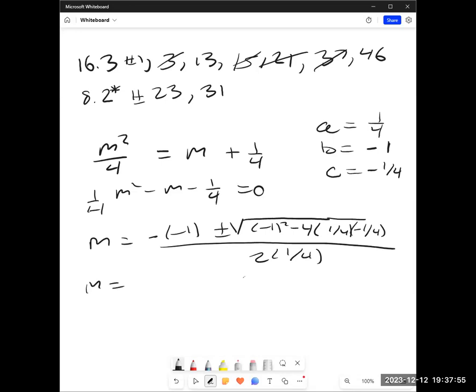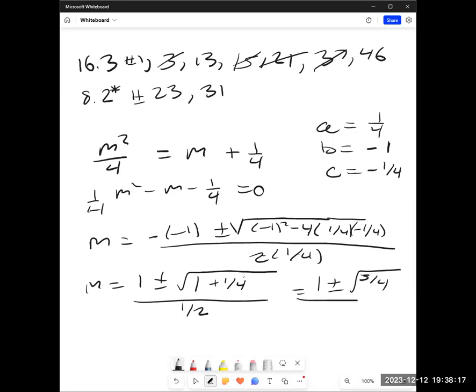M is going to be 1 plus or minus the square root of 1, and then negative 1/4 times negative 4 is 1. So this is going to be plus 1/4. 2 times 1/4 is going to be 1/2. This is going to be 1 plus or minus √5 over 4, over 1/2.